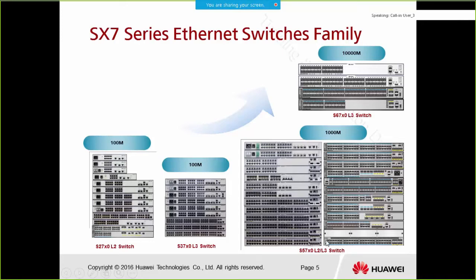And S57, all the downlink ports are 1000 megabits. And the 67 is 10,000 megabits. And the other difference is here, S27 is layer 2 switch, and all the other types are layer 3 switches.